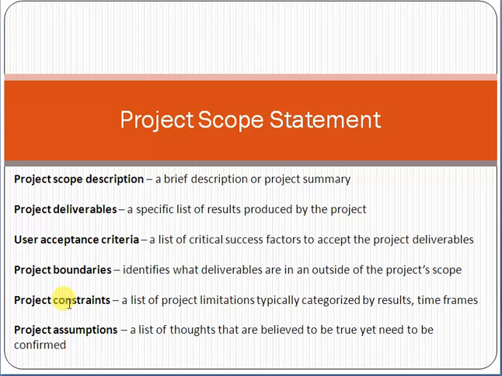The second thing is constraints. Constraints mean the limitations, which we can't go beyond. For example, the customer says the e-commerce solution will be implemented only in the USA, and it is not required to be available in other countries. These are our limitations.